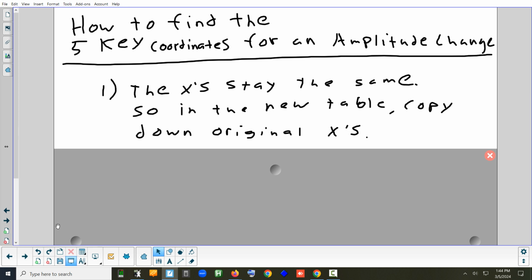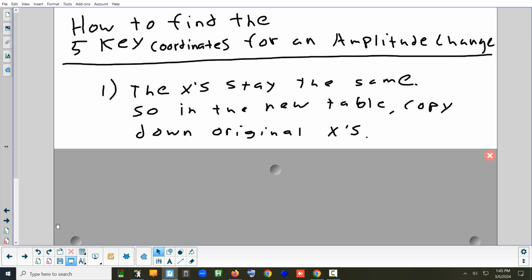All right, so that means all the x's stay the same. What's nice about the x's staying the same is those numbers are harder to work with, because they're all fractions and they all have pi in them. We don't have to work with those today. What are the normal x's that we use? The 5 x's for sine and cosine. For sine, it's 0, pi over 2, pi, 3 pi over 2, 2 pi.